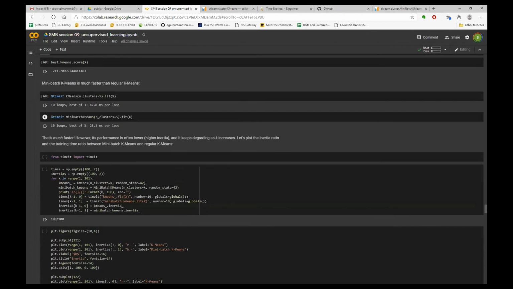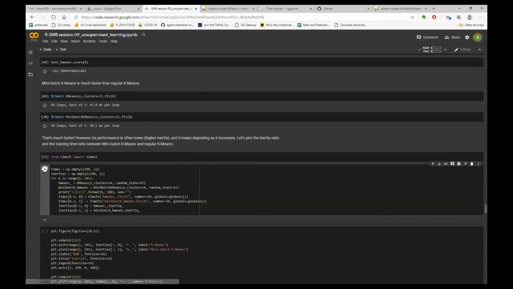So for mini batch k-means, the point being made is that it's faster, but performance is often lower, which makes sense because you're sampling from the original distribution, so you're discarding information.